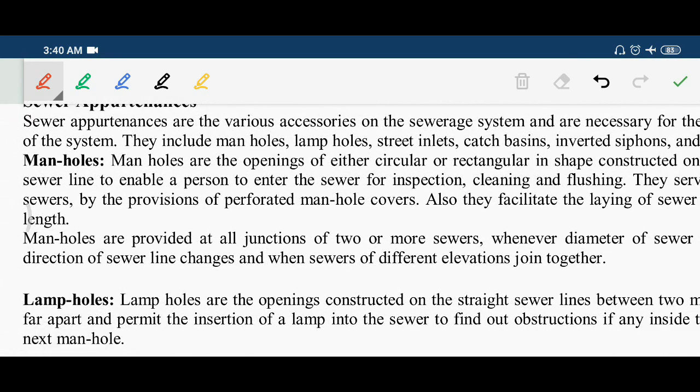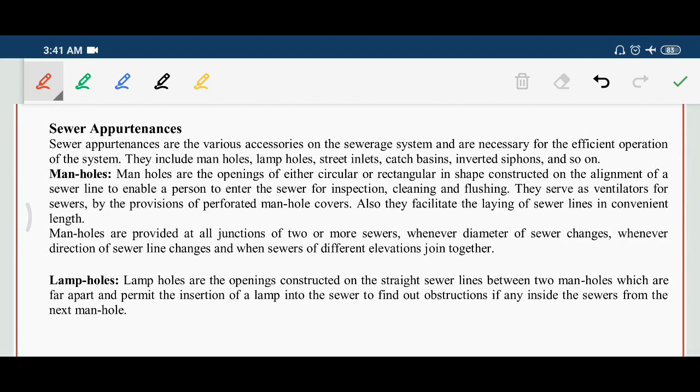The name itself says that there will be a hole in which a man can enter and inspect, clean and flush the sewage. It is constructed for maintenance, inspection or testing. If I show you with a diagram, it is an RCC structure.